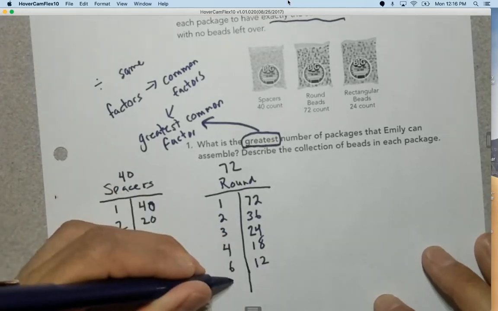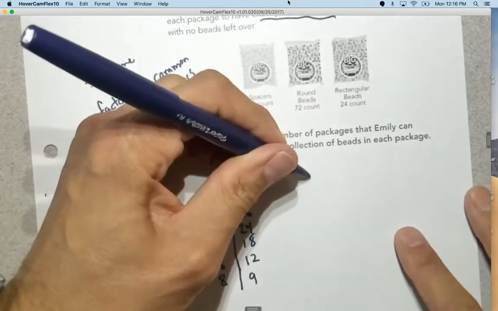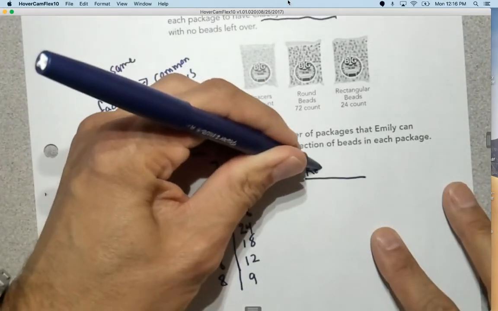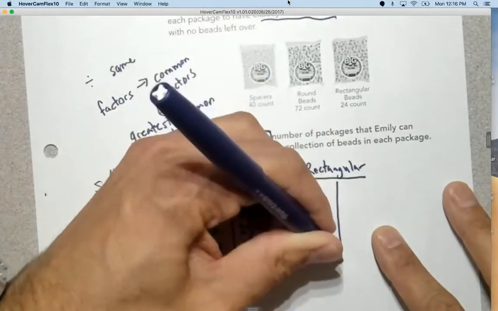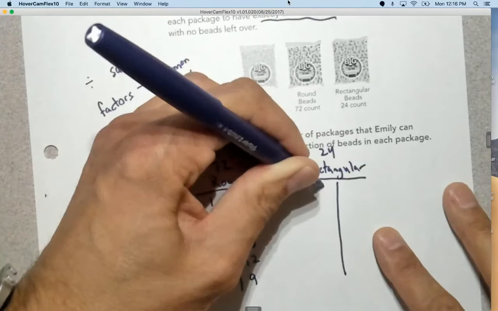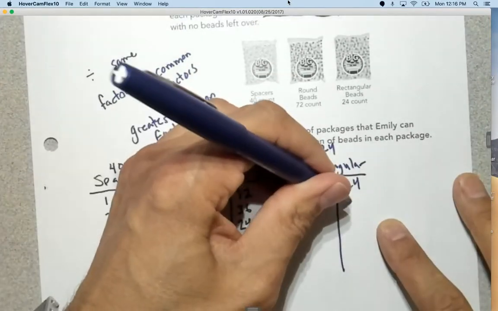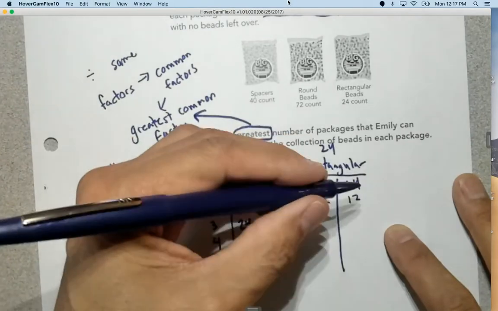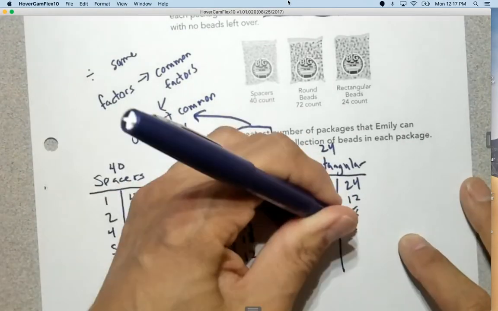There is an 8 there, it goes with 9, all right? And then finally the rectangular beads. And for that, there's a 24 count, so I could have 1 package of 24 or 24 packages of 1, 2 packages of 12 or 12 packages of 2 of the rectangulars, 3 packages of 8 or 8 packages of 3, 4 packages of 6 or 6 packages of 4.